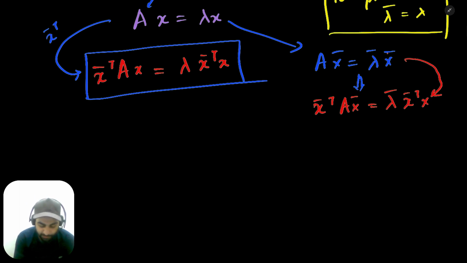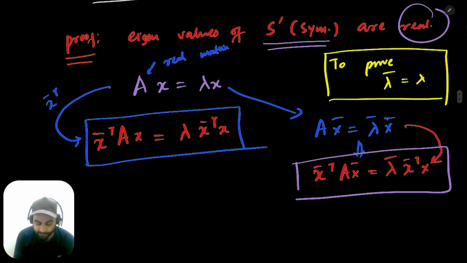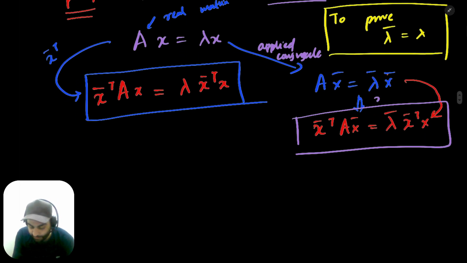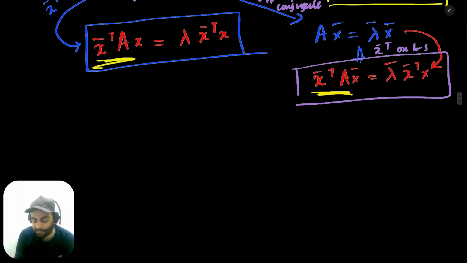So now I am left with these two equations, which I got from the original. In both equations the left-hand sides are equal. If the left-hand side is equal, that means the right-hand side is also equal.